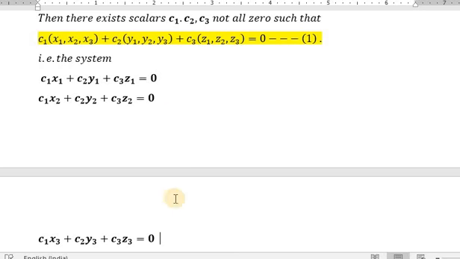Now, if we solve this system of equations, we will get the values of c1, c2, c3. Then we can know whether the given system is linearly dependent or independent. If all of c1, c2, c3 are 0, then it is linearly independent. If not all are zero, then it is linearly dependent.